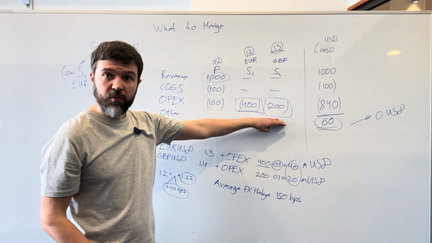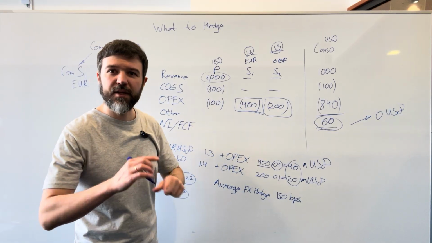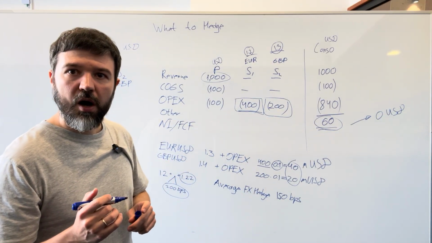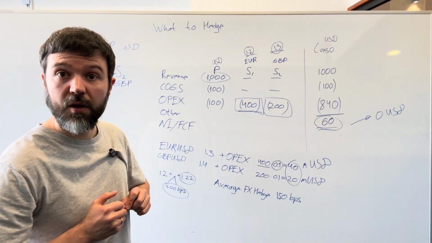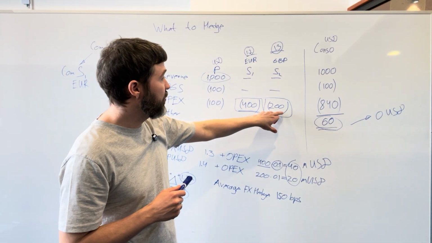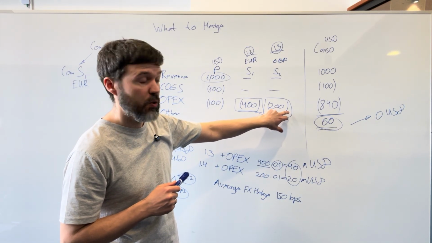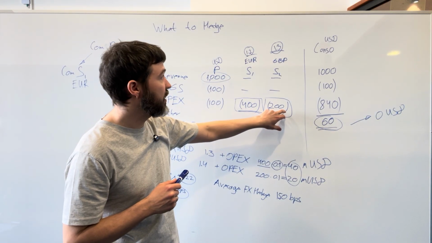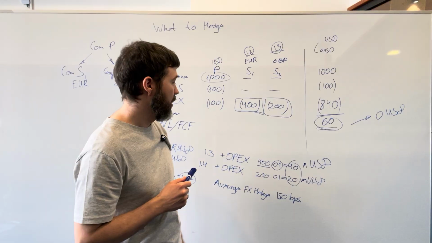For Great Britain pounds in the current environment, it will cost you nothing because of the rate differential. Have a look at my video on interest rate parity. The interest rate differential for Great Britain pound and United States dollars is almost nothing, so it will cost you nothing to protect at the current rate.